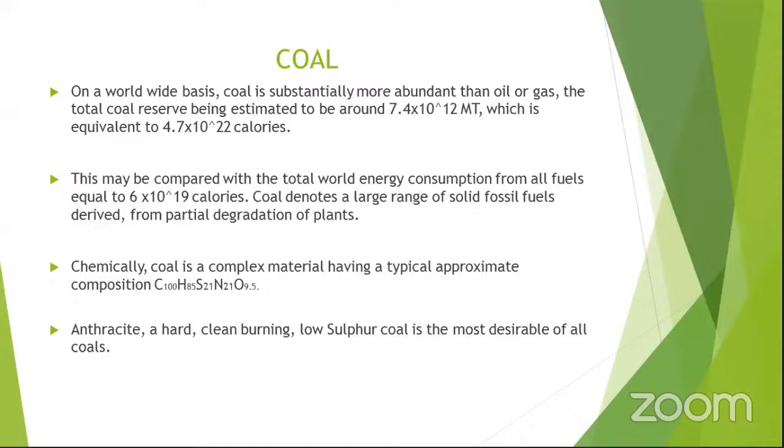India doesn't have a very good amount of anthracite coal, whereas nations like Russia have a very good amount. By burning anthracite coal, less sulfur is emitted, and a high amount of energy is yielded.